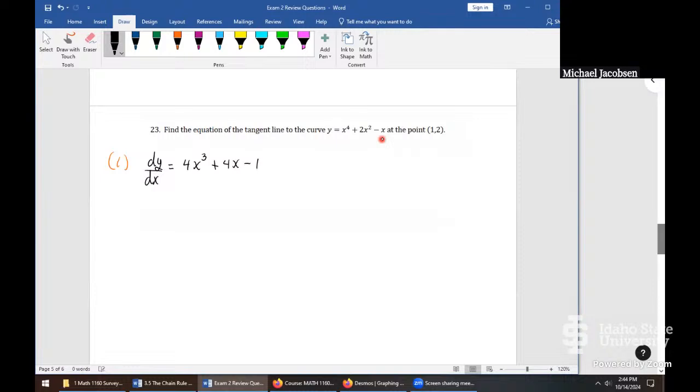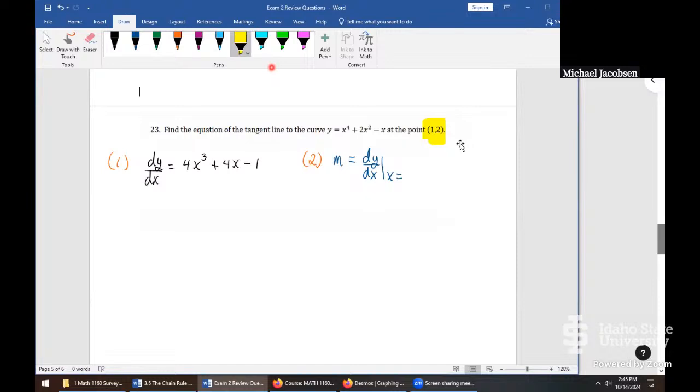Okay, step 2. If we're going to get to the tangent slope, that's exactly what we're going to say. The slope is going to be the derivative at x equals. Here's the first drama in the problem.